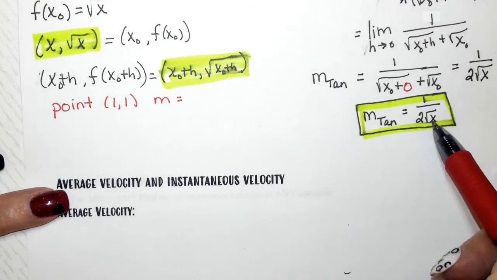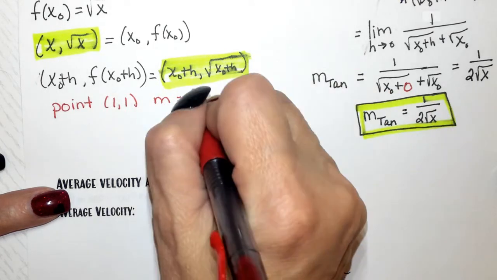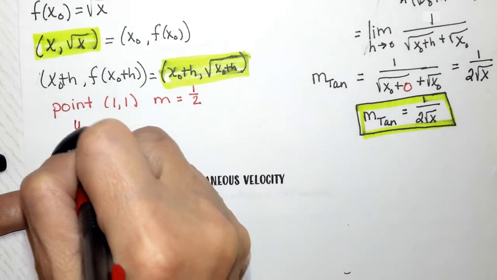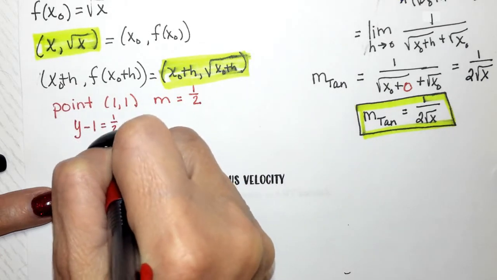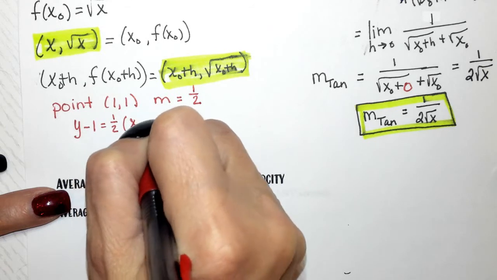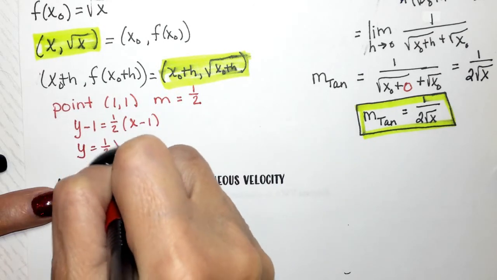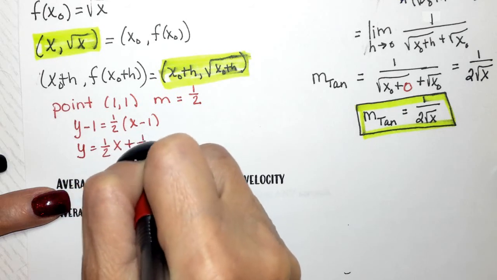If we plug 1 in here, that'd be 1 over 2 square root of 1. That'd be 1/2, right? So that means my slope would be 1/2. So I would do y minus 1 equals 1/2 times x minus 1. I would simplify that to y equals 1/2 x plus 1/2.